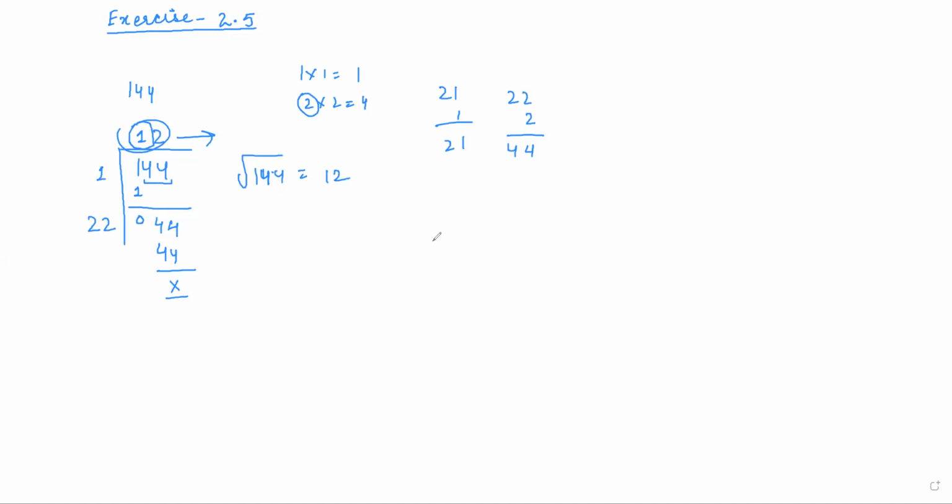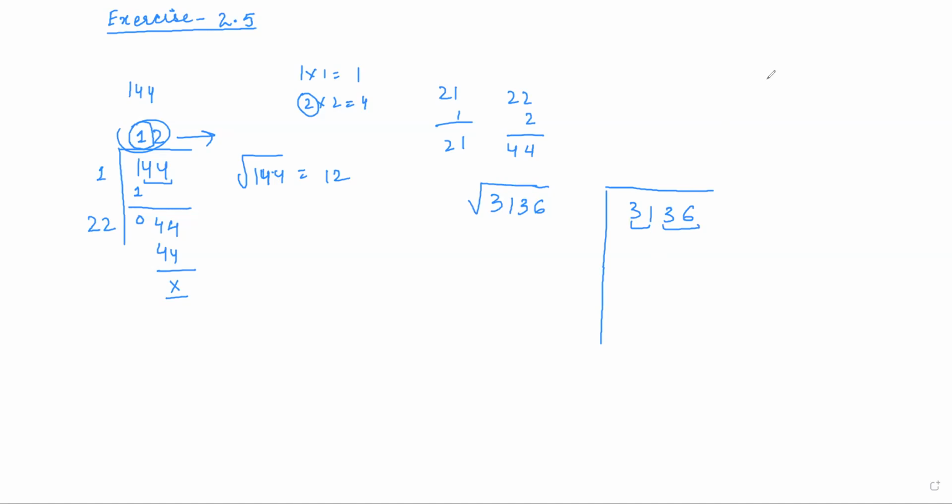Okay. One more I can take. Let's take a bigger number. Let me take this. I want to find square root of 3136, right? 4-digit number. So again, do this. 3136, right? And then you make pairs. Okay.